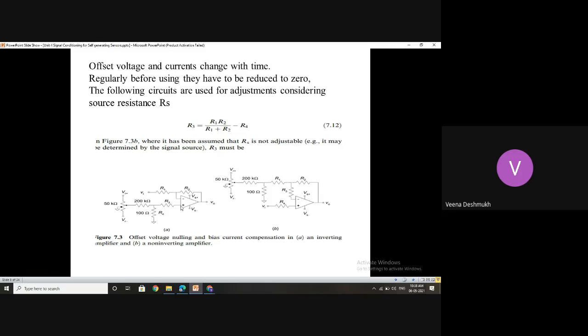So here for the inverting amplifier, the source voltage or the input voltage is given to the inverting terminal, and here you can see Vs plus and Vs minus are the two regulated power supplies which are used for the positive and negative terminals of the op-amp respectively.